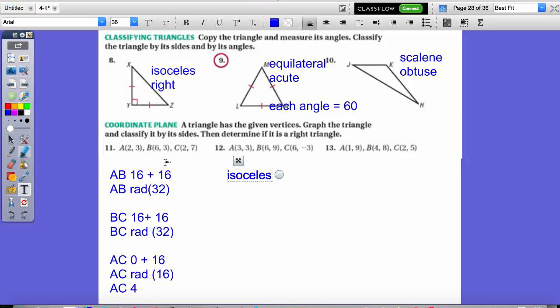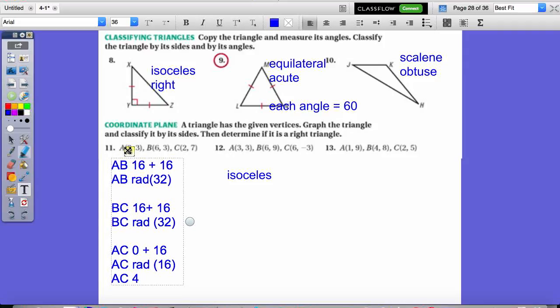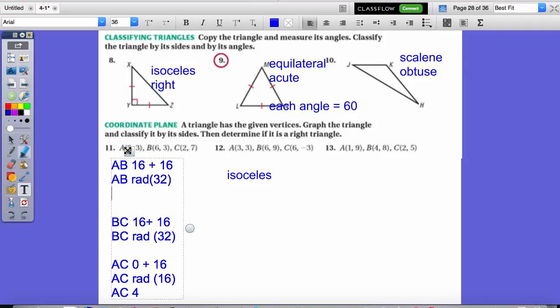The way you want to figure out if it is right is figure out the slope of each of these lines and see if you have anything that is negative reciprocals. So the slope of AB would be 3 minus 3, which is 0, over whatever it is, so it is going to be 0.